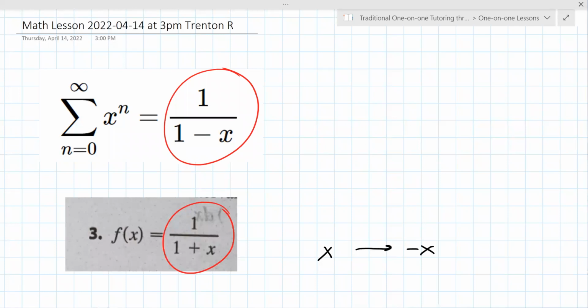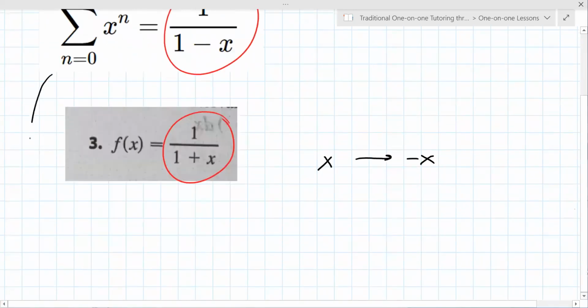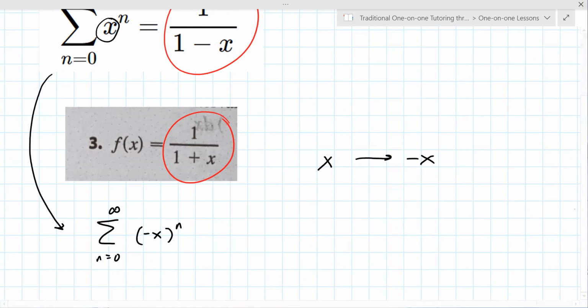Yes. Okay, so what you do is you take this power series and instead of this x up here, you replace it with minus x. All right. And the show's over. I mean, that's it.